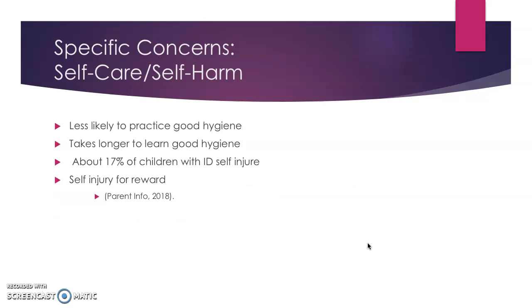Kids with intellectual disabilities are less likely to practice good hygiene. It may take them longer to learn good hygiene for their self-care. They may be more likely to self-injure. About 17% of children with intellectual disabilities self-injure. Sometimes they'll even do it for reward. They think that when they do this to themselves, they get more special attention and a little more doting.